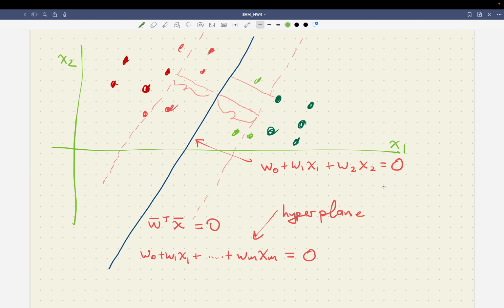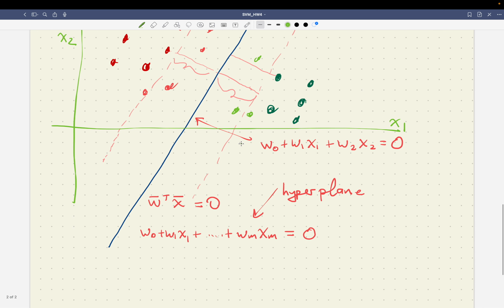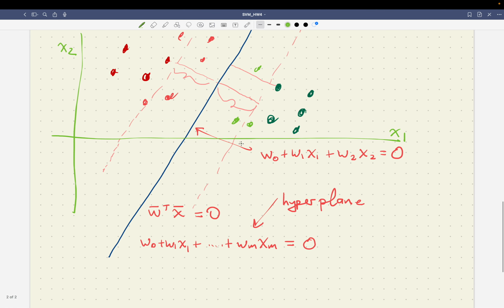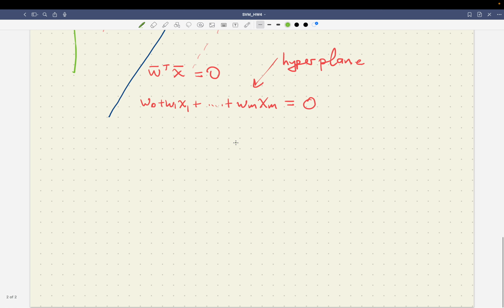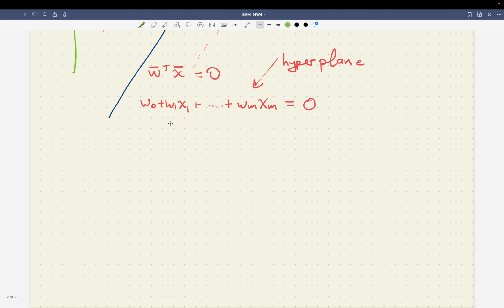Now remember what the hypothesis class is. The hypothesis class is all the possible decision boundaries that the learning algorithm might output as an approximation to the target function.